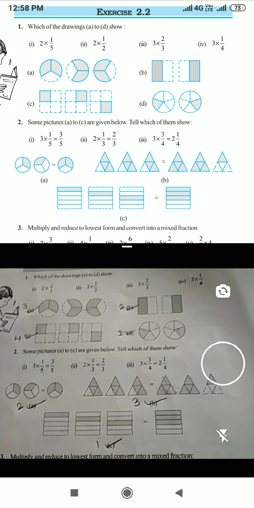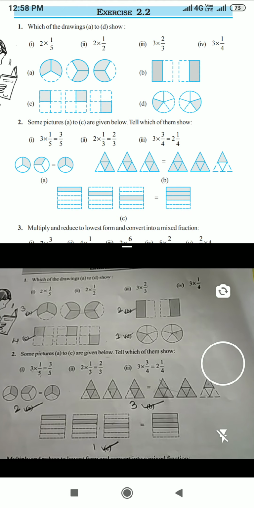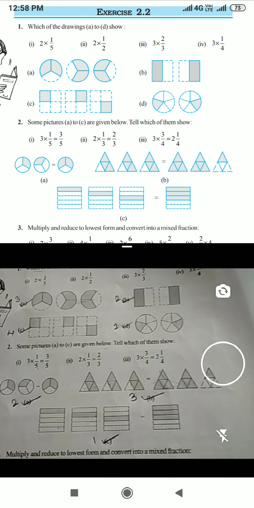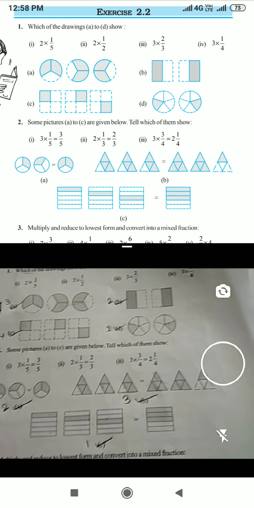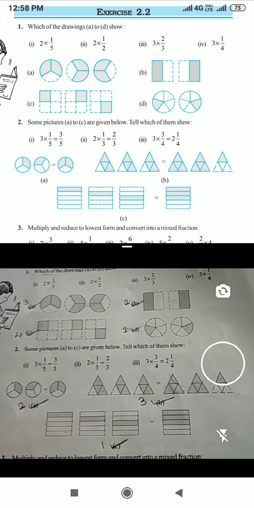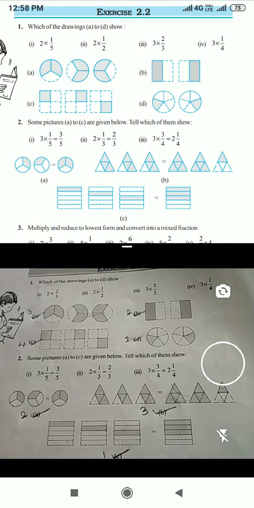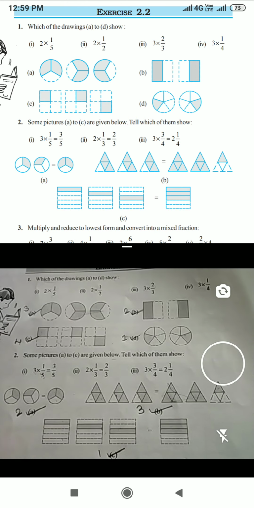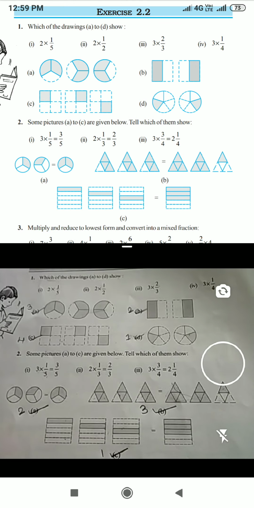Okay, pause the video and then write the answer in your classwork. Wait till I teach you, till I solve the sums. Okay, wait, do not hurry to copy. Wait till I finish it. Once I finish and I tell you to write, then you pause the video and then start writing. Okay?